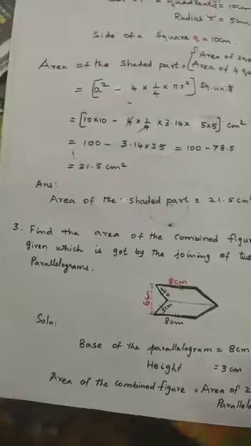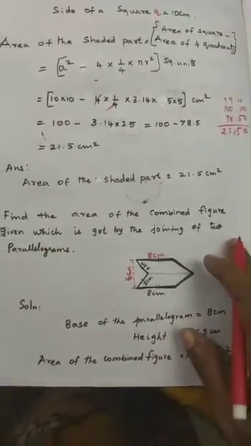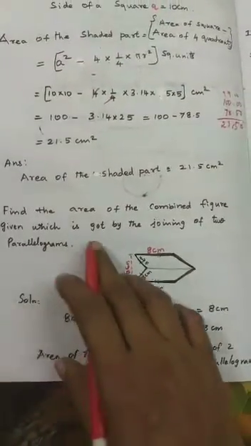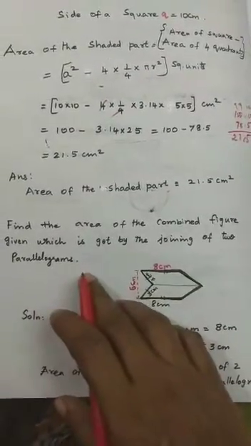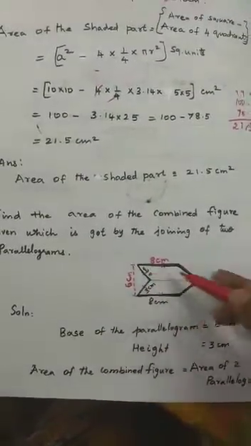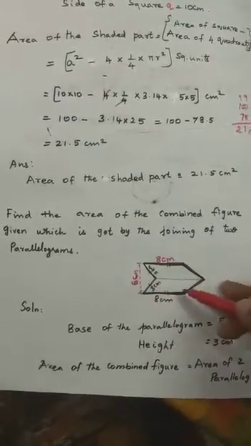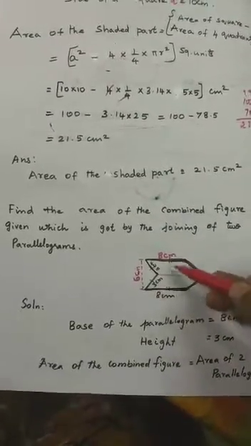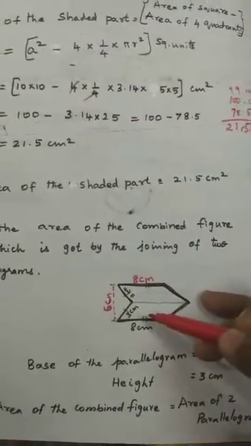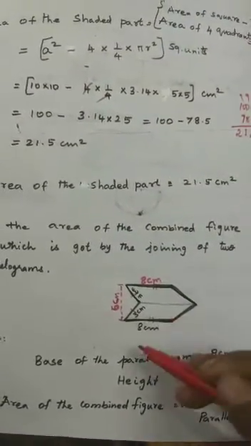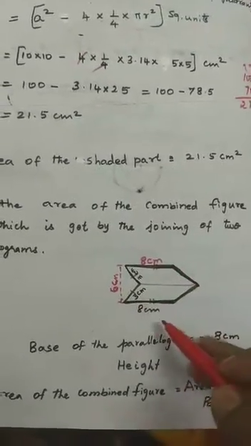Okay. The next, find the area of the combined figure given, which is got by the joining of two parallelograms. Here they are given the combined figure, and also they said it is joined by two parallelograms. Here one parallelogram and here one parallelogram. They are given the measurements.